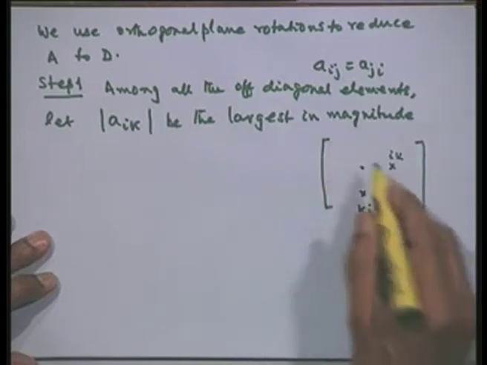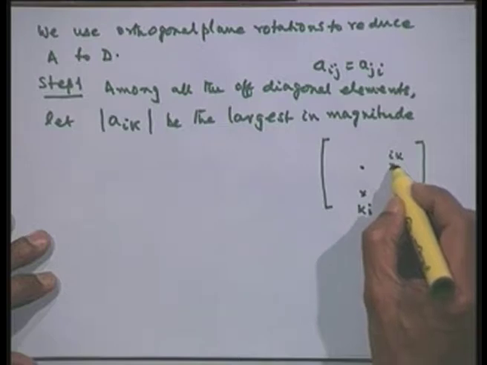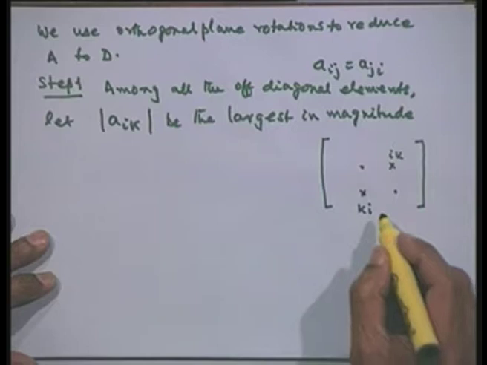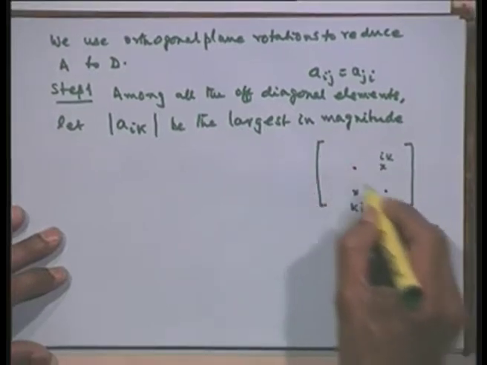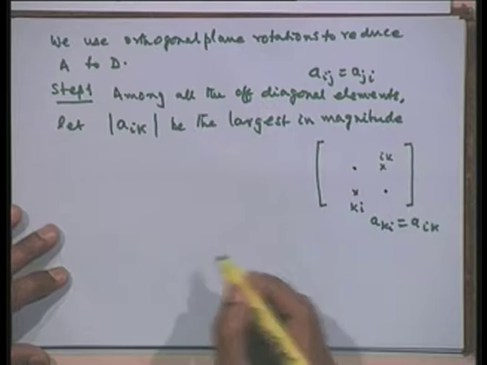So, if I take this matrix Aij, now it is symmetric, therefore, if this is the largest element in magnitude, this largest element in magnitude is also located here because of symmetry. Therefore, we have Aki is equal to Aik, and the diagonal elements I have put with a small dot. So, this is the location of these 4.